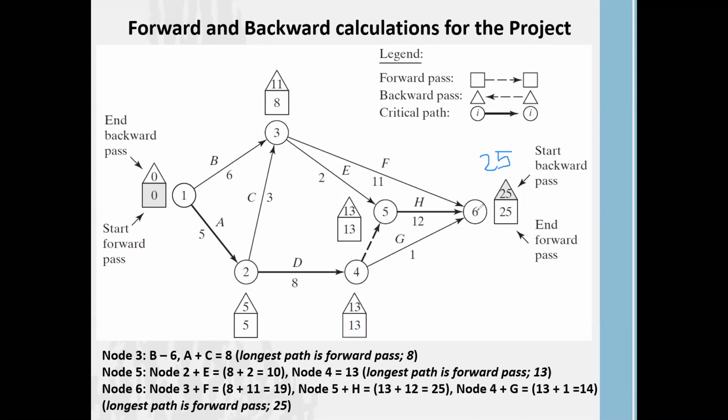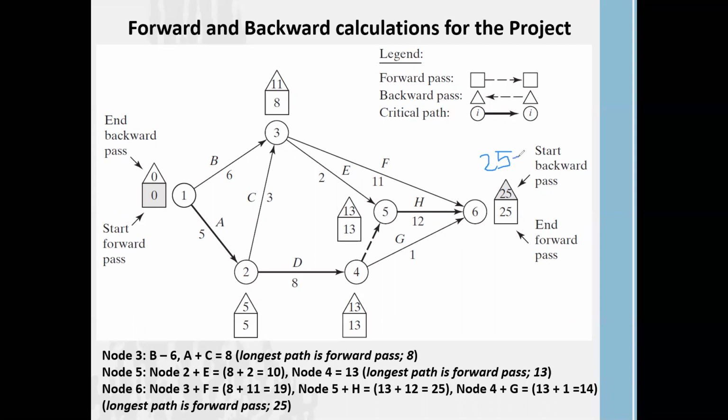Now let's take a very simple example. Node 6 to node 5. If you are going from node 6 to node 5, we know that node 6 completes within 25 weeks. So 25 weeks minus 12, that is the activity time of H. So the H activity time is 12.